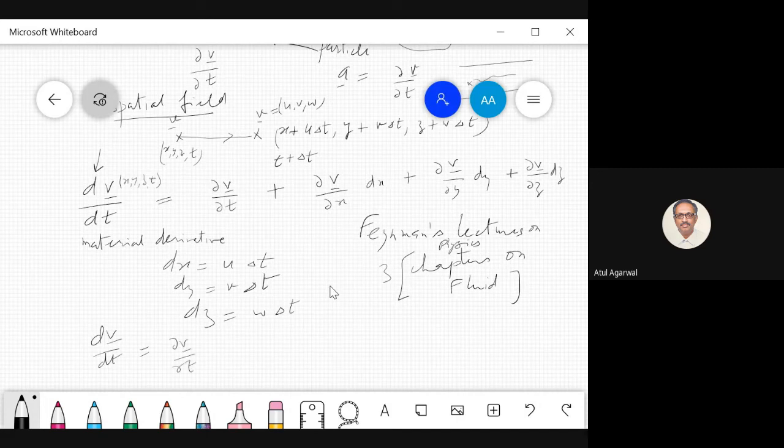Del V by del t plus, so you can write it as gradient of V. If you just look at these 3 fellows, they are like gradient of V. Yes.